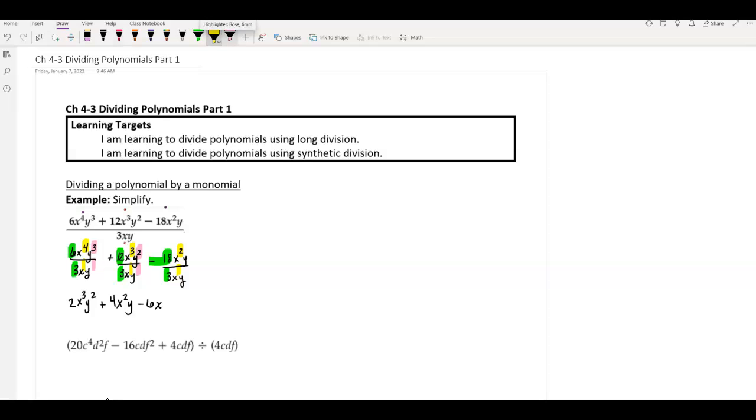And then I have y's in both my numerator and my denominator, but they're the same, which means they actually end up canceling out. And here we have our simplified version. Nice and easy. That's why I like to separate my polynomials when I'm dividing by a monomial. Series of more simple steps.